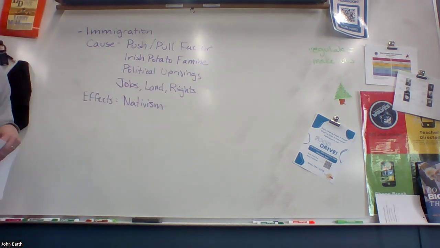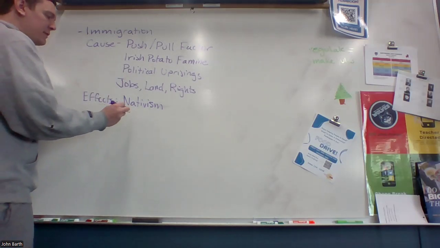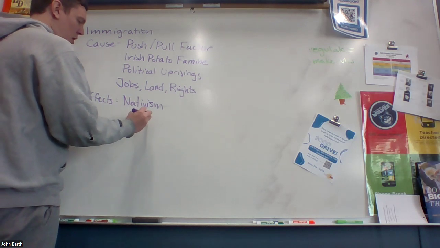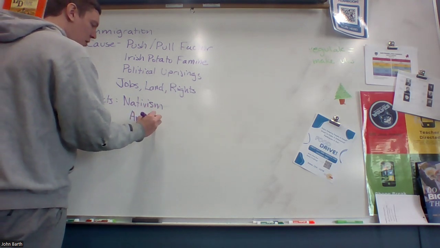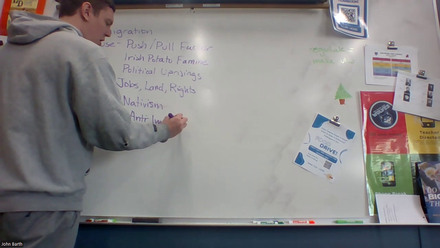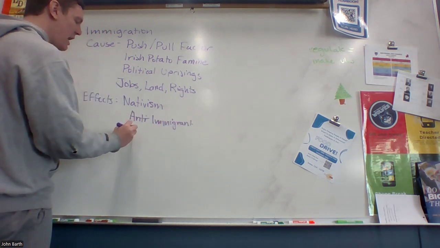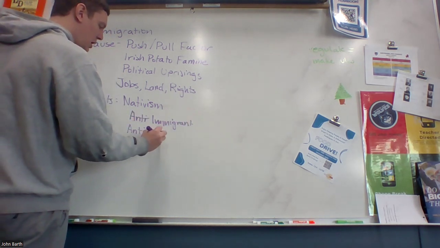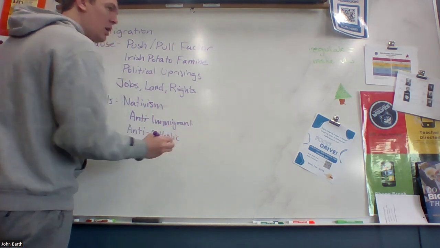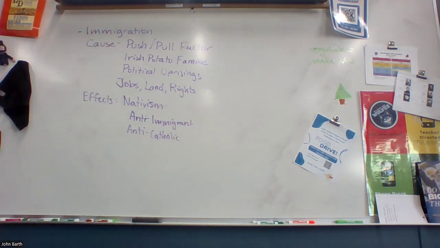When immigrants come to the United States, there's a rise of nativism, which is anything anti-immigration. Okay? People who are nativists are anti-immigrant. They're often anti-Catholic. They're afraid that all the Irish immigrants coming in are Catholic, and they don't like that.